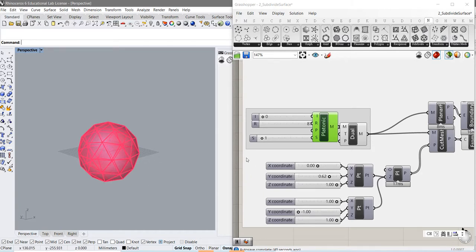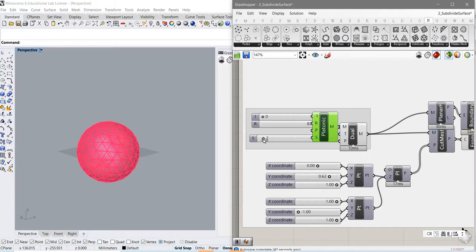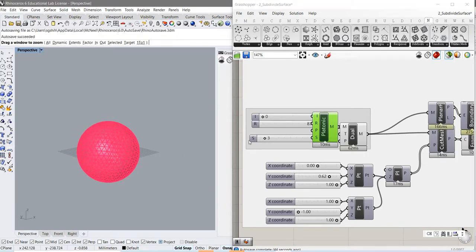With the second level, each triangle is divided into 9 triangles, instead of 4 in the first level.